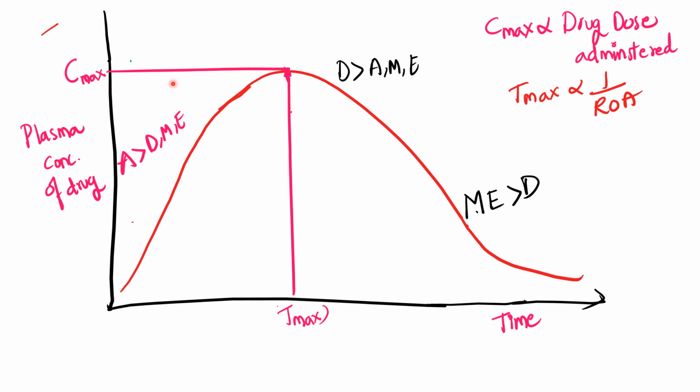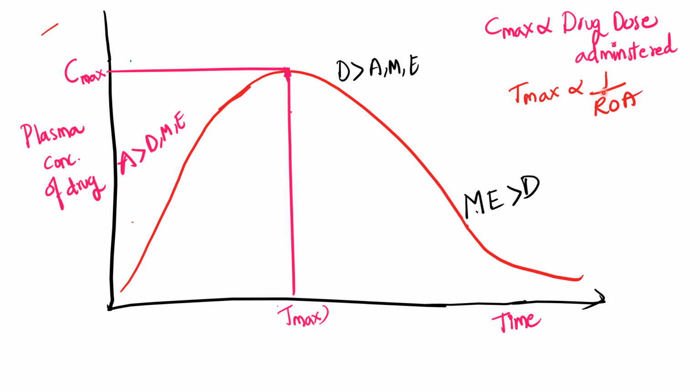This is the maximum concentration of the drug in the plasma, and slowly it distributes, and slowly it metabolizes. Cmax is directly proportional to the drug dose administered. The more drug you administer, the higher the Cmax, the plasma concentration of the drug.